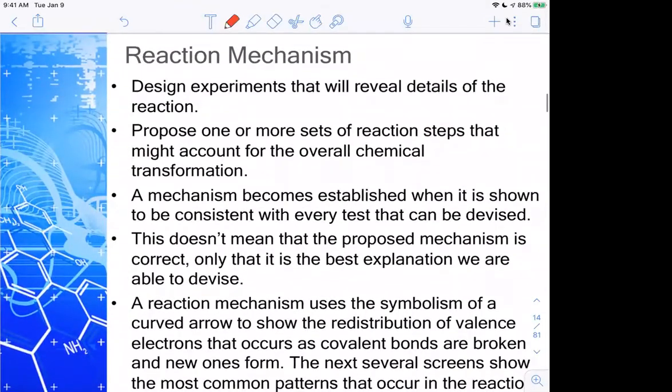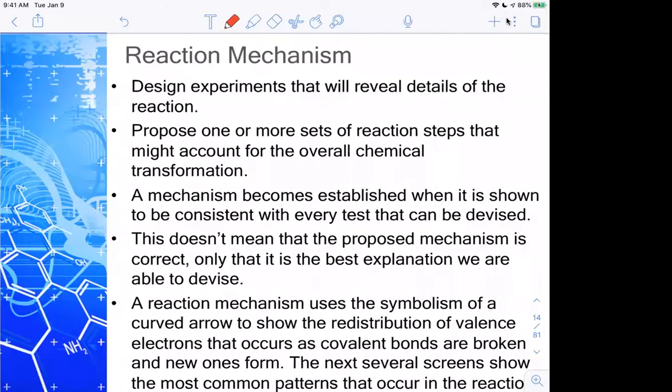So to determine a reaction mechanism, I have to do a lot of experiments. I have to design those experiments so that they're going to reveal details of the reaction. And then I'm able to propose one or more sets of reaction steps that might account for the overall chemical transformation. There are still reactions where we really don't know exactly what happens with bond making and bond breaking.